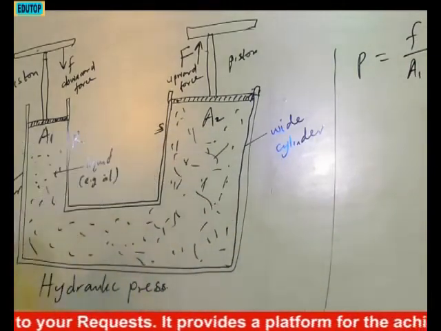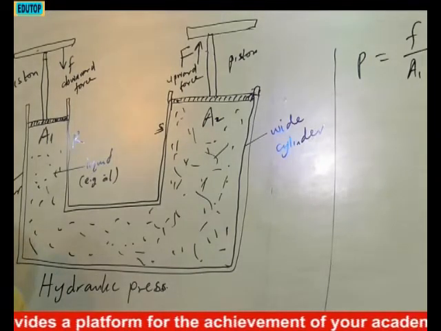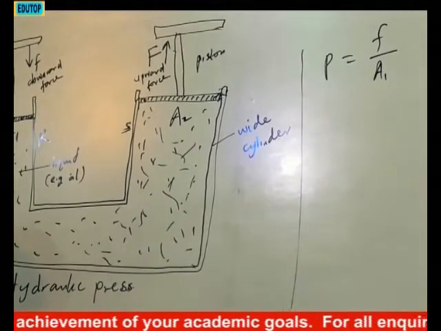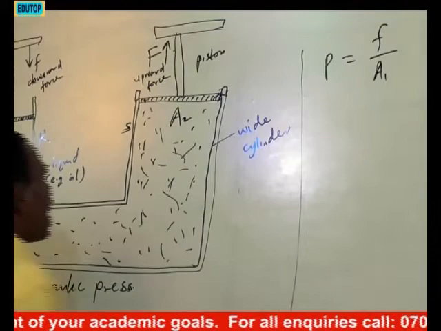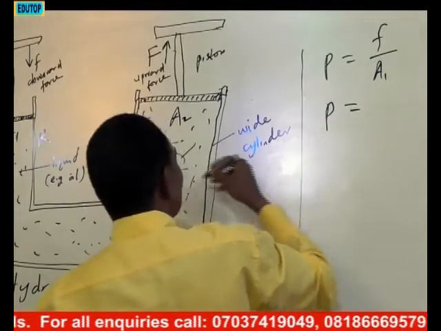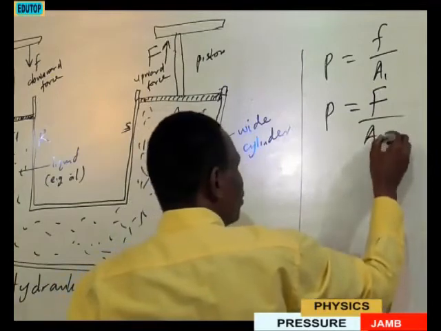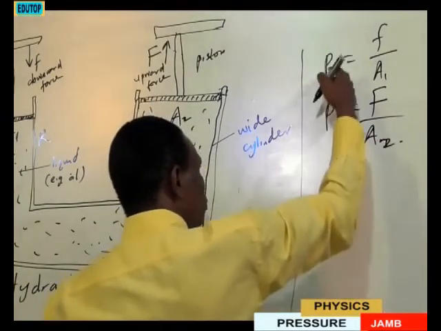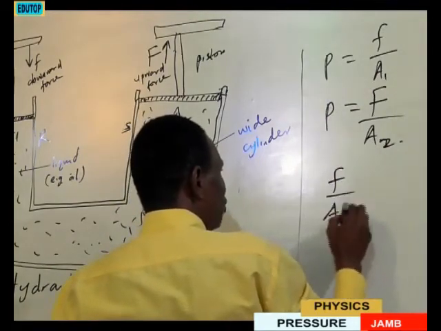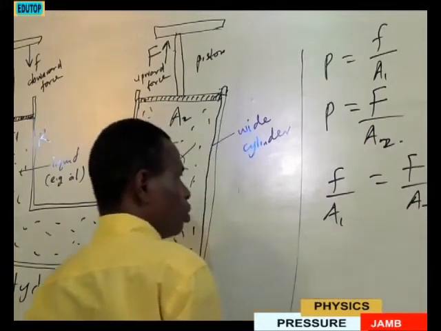Then, as we all know, the pressure is the same in all directions, that is, the same in both cylinders. You can also write the pressure for the bigger cylinder as capital F over the area A2. Since P is equal to this and P is equal to this, you can have f over A1 is equal to F over what? A2.